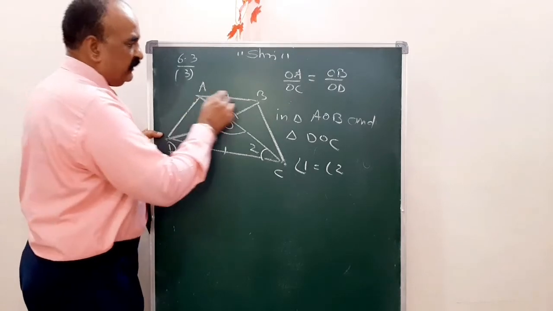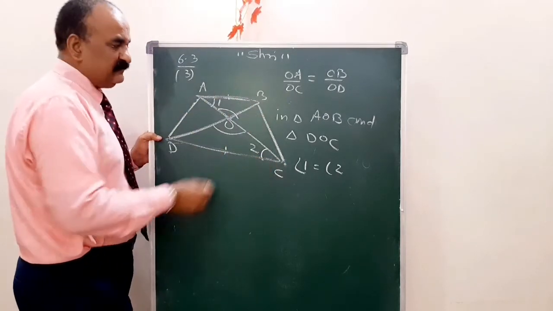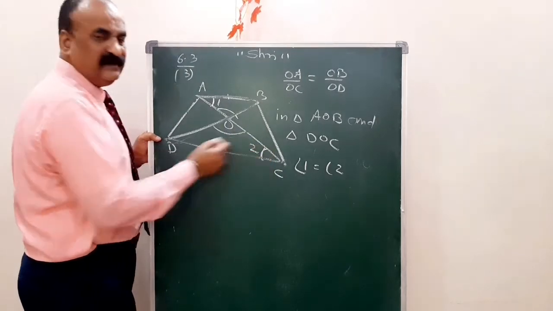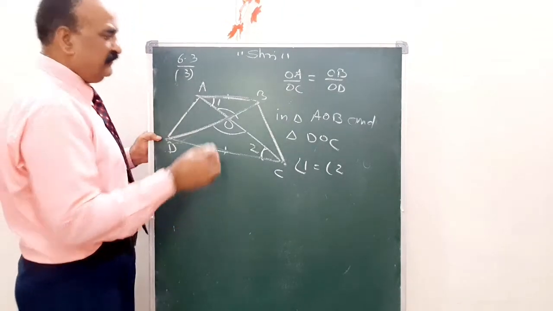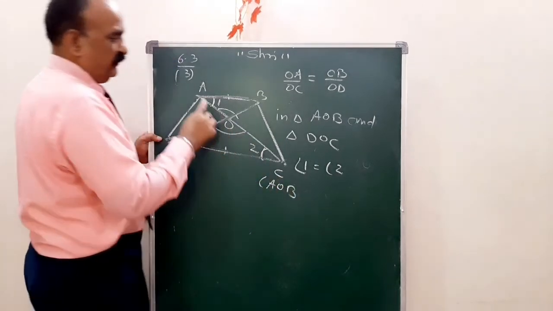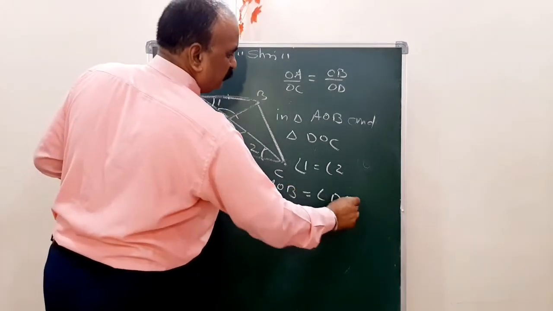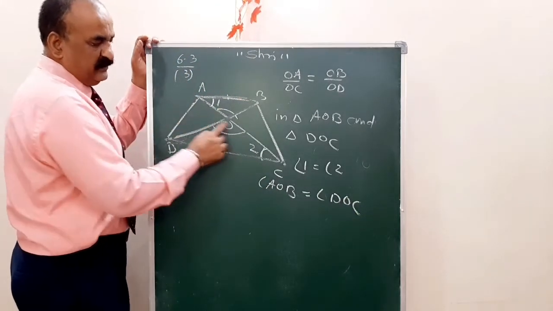Why? Because AB and DC are two parallel lines and a transversal meets them. It means this angle is equal to this angle. These are the alternate interior angles. And angle AOB is equal to angle DOC.